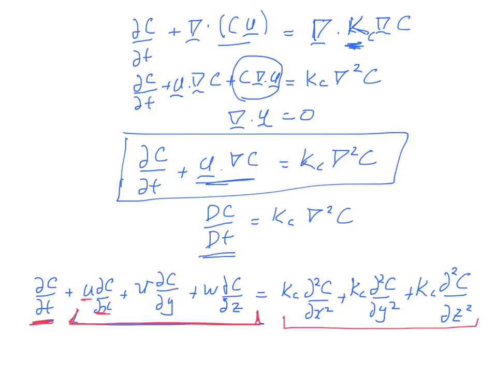In other words, if you have a small volume and you're diffusing material in from one side, but you're diffusing it out on the other side at exactly the same rate, then you have no net change of concentration in that small volume. On the other hand, if you're diffusing fluid in but you're not diffusing anything out, then you have a flux divergence and you can get a local rate of change.